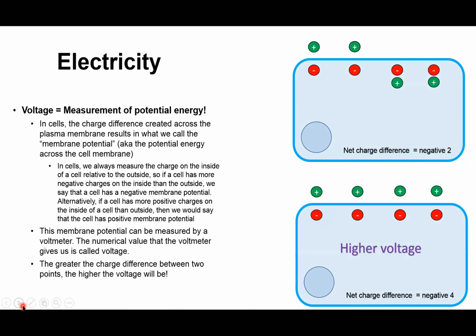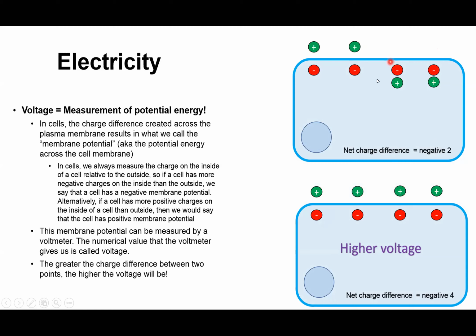Now, the next point I want to make is that the greater the charge difference is between 2 points, the higher the voltage will be, okay? So what I mean by that is, let's look at this top picture first, all right? In this top picture, we have 2 positive charges on the outside, 2 positive charges on the inside, but 4 negative charges on the inside.